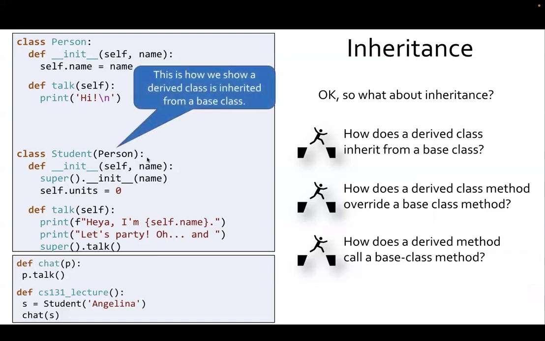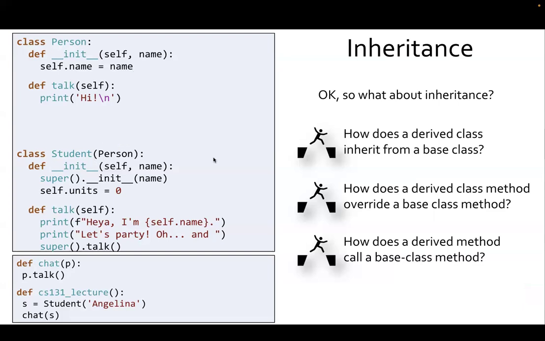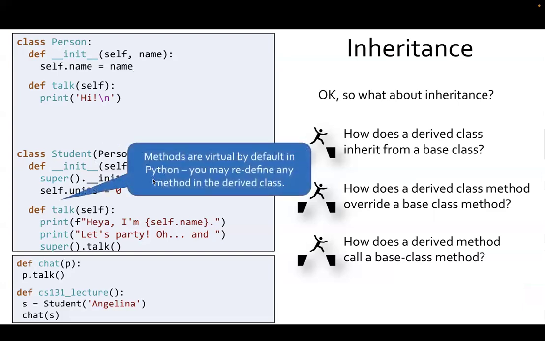So over here, we can see this is how we show a derived class is inherited from the base class, which is pretty much correct in all of your answers. And after that, the methods are virtual by default, so you can redefine any method in the derived class.